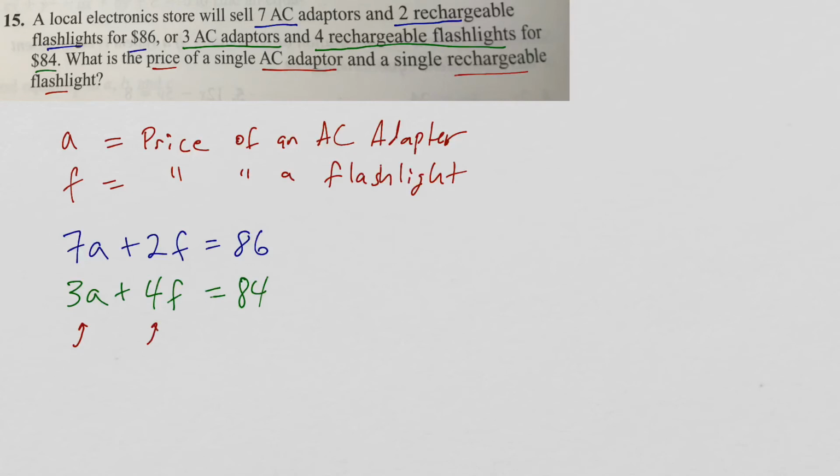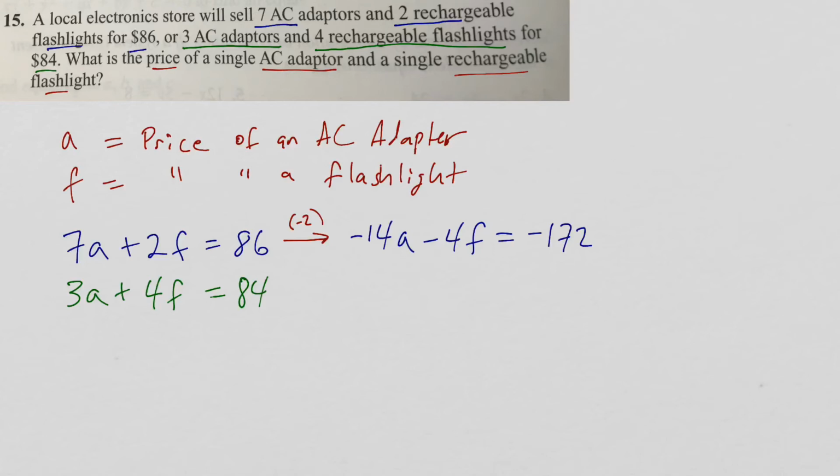I think it's a lot easier to bring those to 4, so that's what I'm going to do. I'm going to multiply this by negative 2. And I'll get negative 14A minus 4F is equal to negative 172.